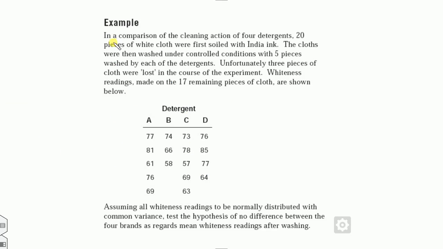So look quickly. Say, for example, this is example number 1. A comparison of the cleaning action of 4 detergents: 20 pieces of white cloth were soiled with Indian ink. The clothes are washed and then the following readings are obtained. Look at that very carefully.